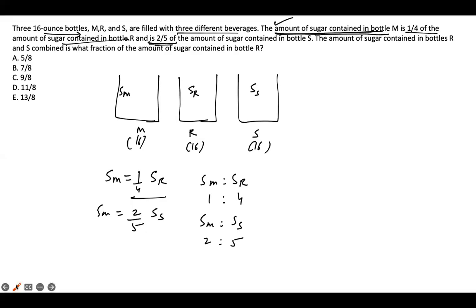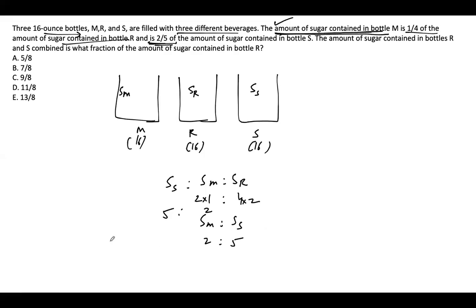Now, if I were to combine the two ratios, and write SM is to SS here, I have 2 is to 5 here. Then I need to multiply this ratio by 2. So SS is to SM is to SR is 5 is to 2 is to 8. And what is the question saying?